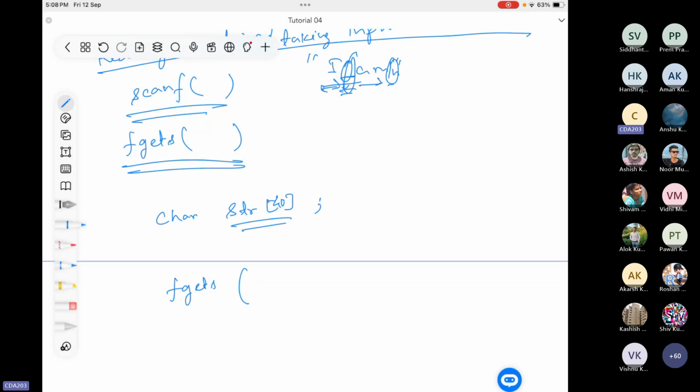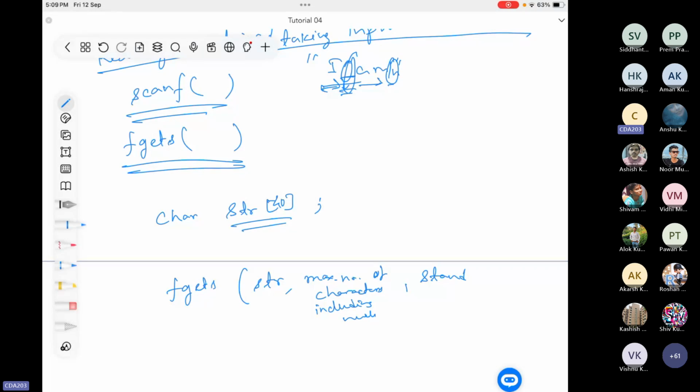There are three components in fgets basically. One is the string where you want to store the input. Another is the maximum number of characters, including the null character. And there is a thing called stdin.